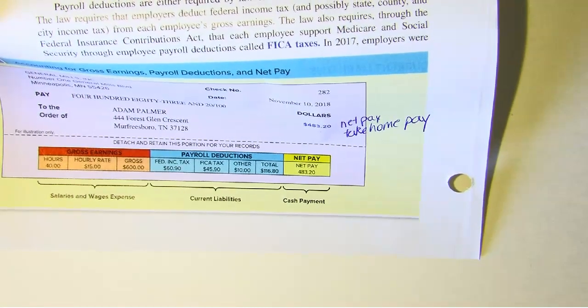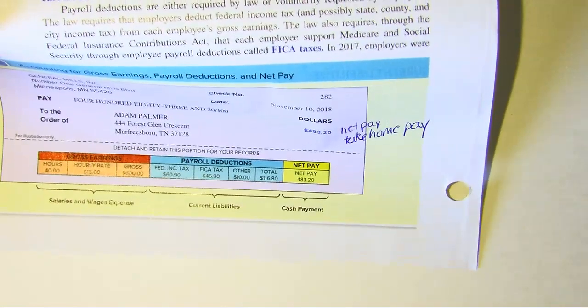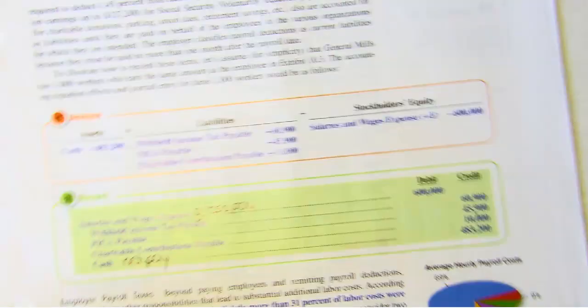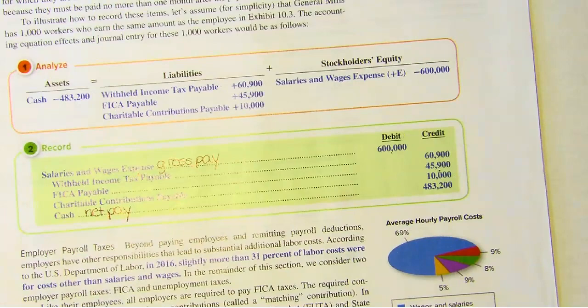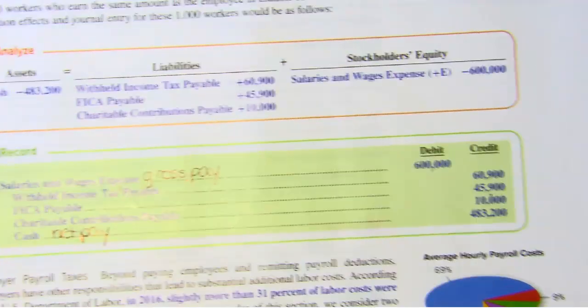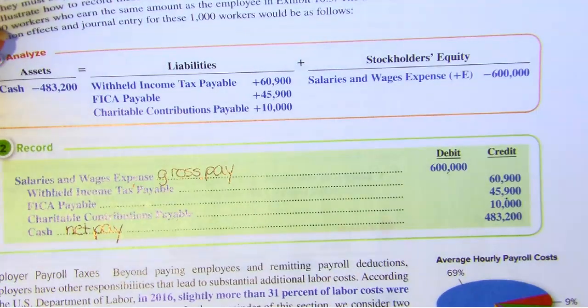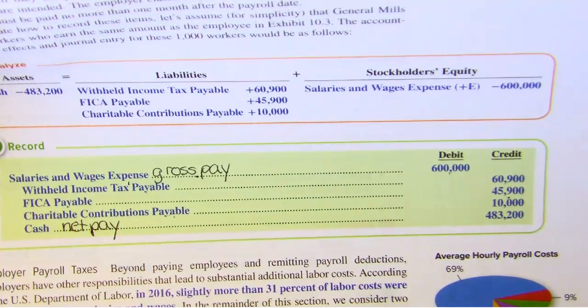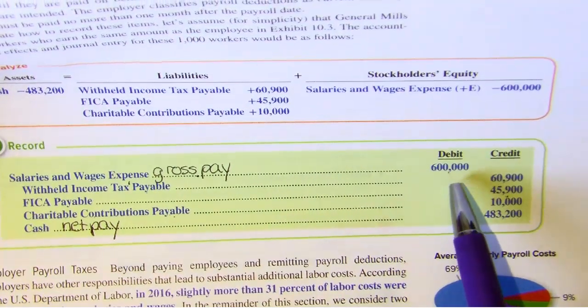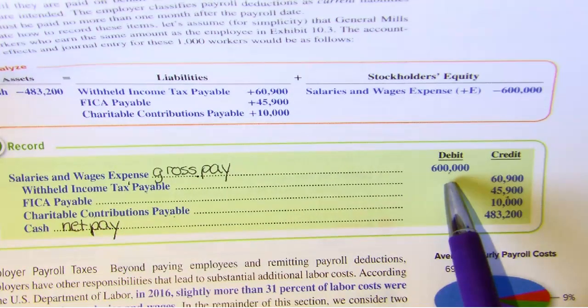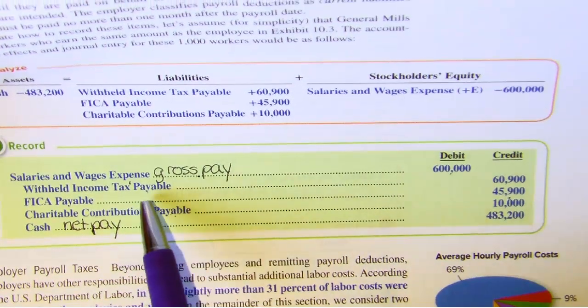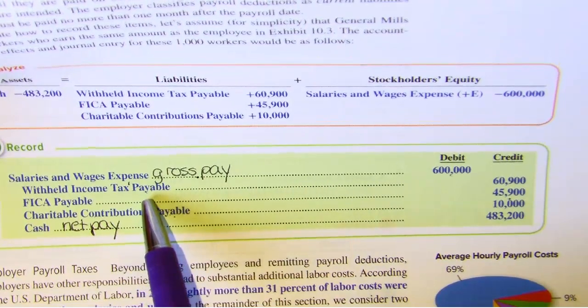Okay, let's take a look at the journal entry to issue the payroll. So if we had 1,000 employees just like Adam Palmer, then we would debit salaries and wages expense for the gross pay. We would set up a liability for each of the deductions.